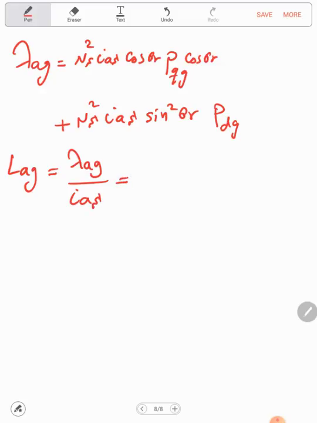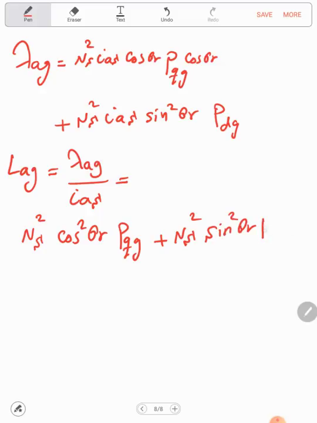So this will equal to NS square cosine square theta r PQG plus NS square sine square theta r PDG.